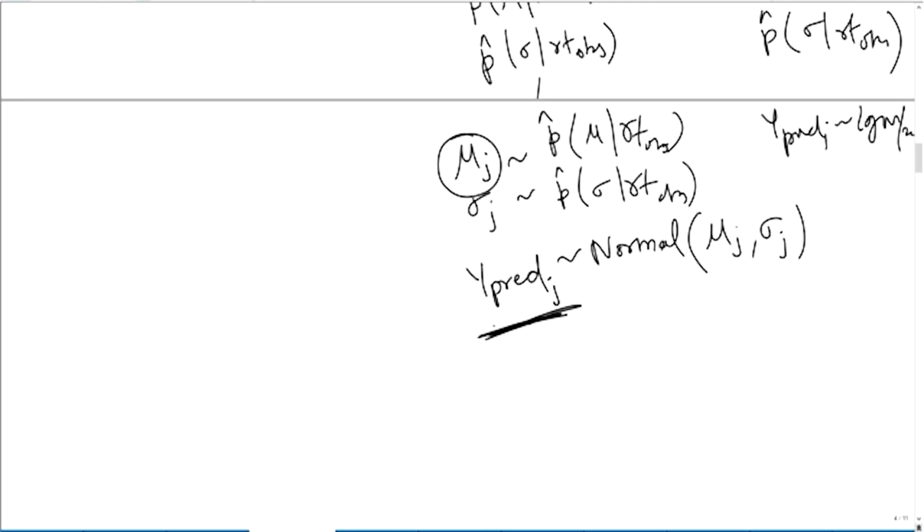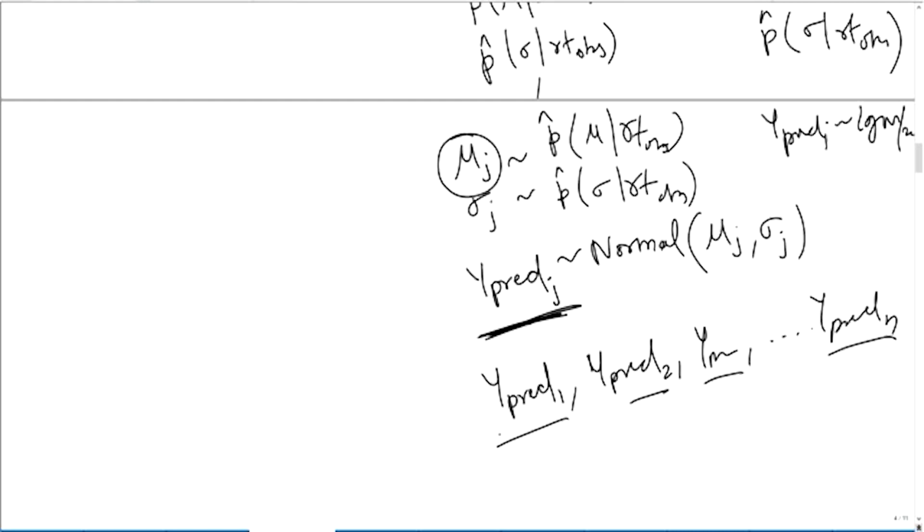So you will obtain ypred 1, ypred 2, ypred 3, ypred n. If you draw n samples from the posterior distribution, you will get n posterior predictive samples. Each of them would contain whatever number of observations you have in your experiment.